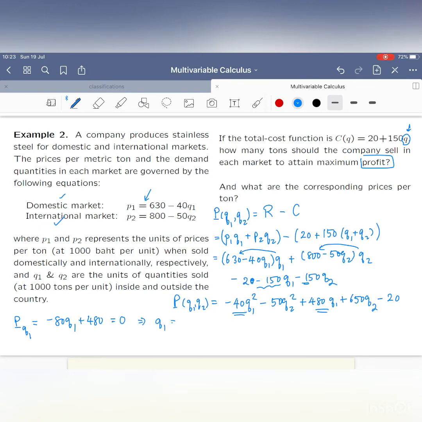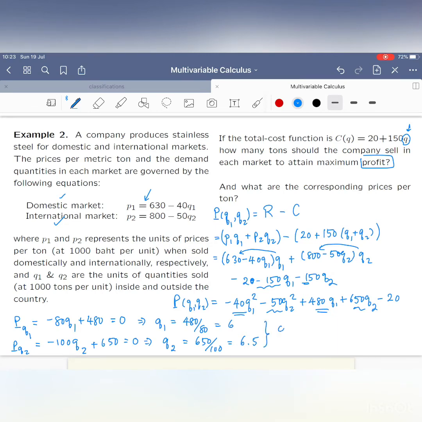So immediately your Q1 is 480 over 80, which is 6. How about your derivative with respect to Q2? It is negative 100 Q2 plus 650. So your Q2 is 650 over 100, which is 6.5.